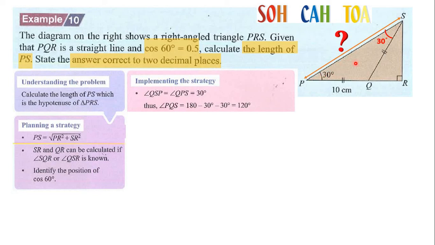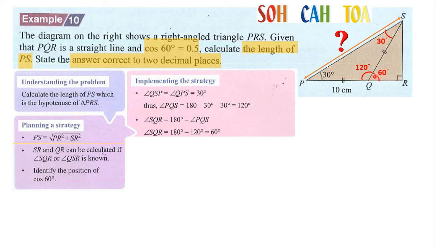So this angle is 120 degrees. Therefore, you know that PQR is a straight line. So, the adjacent angle to 120 is its complement on the line. So, 180 minus 120, then you will get this angle is 60 degrees. Okay, now you already know this one is 60 degrees.